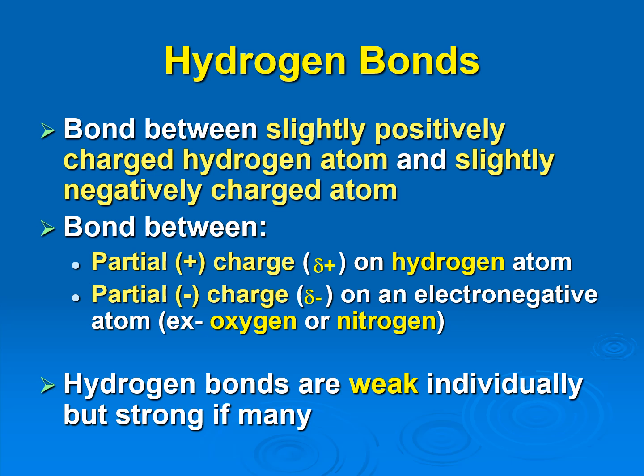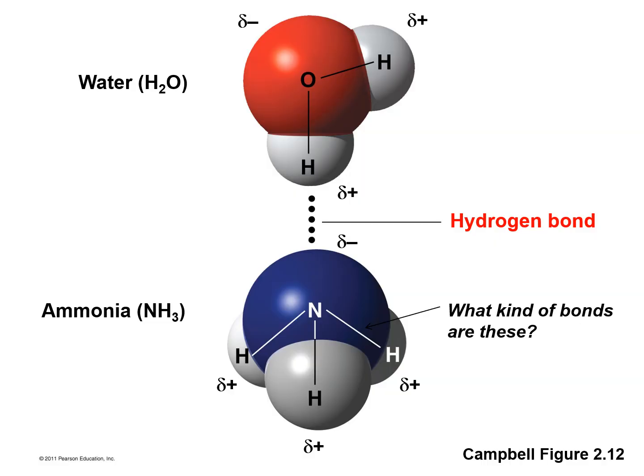These hydrogen bonds are fairly weak bonds. They're pretty easy to break individually, but if there's many of them, they could be strong overall if you put them all together. Let's take a look at these.